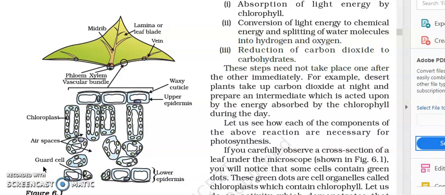I know it sounds very strict, but in biology, a subject where the entire context is with reference to the terms and the meanings of those terms, you should not be getting the spellings incorrect. So I hope you will keep this in mind. Because they guard the pore, the opening, they're called the guard cells.